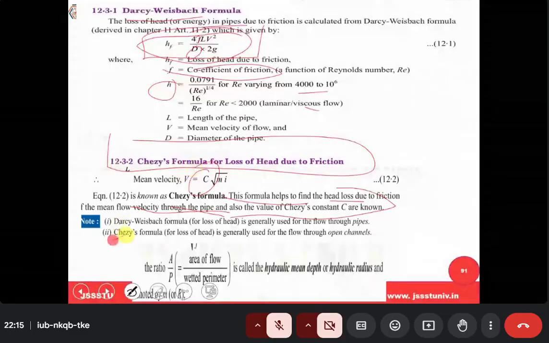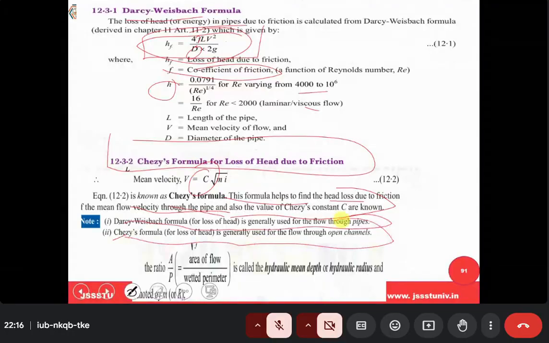Darcy formula is mainly used for the flow through pipes. Chezy's formula is basically used to calculate the losses in open channels. That means for pipes it is the main equation they use. Only for open channels or dams like that, the Chezy formula is used to calculate the loss. So this is about that.